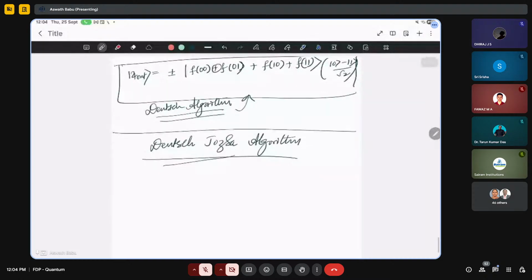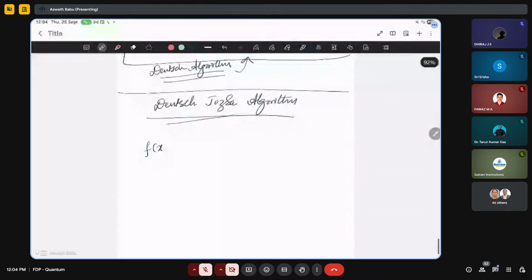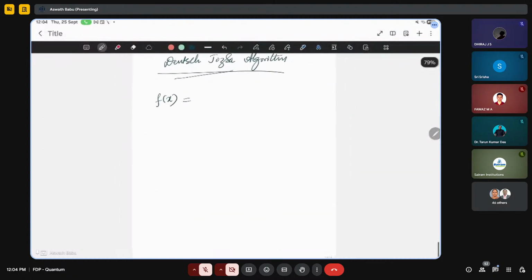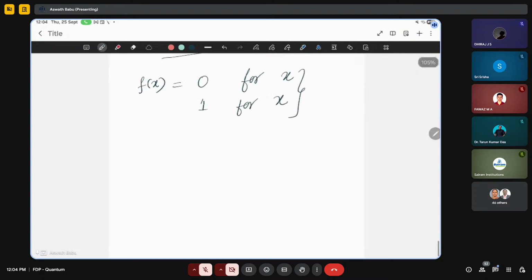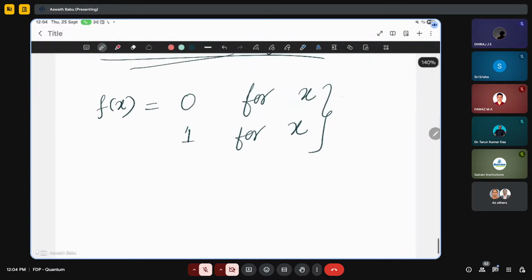What is that? Let's say I have a function which takes x values, gives you 0 for all x or 1 for all x. So this function is called a constant function. Okay, right?